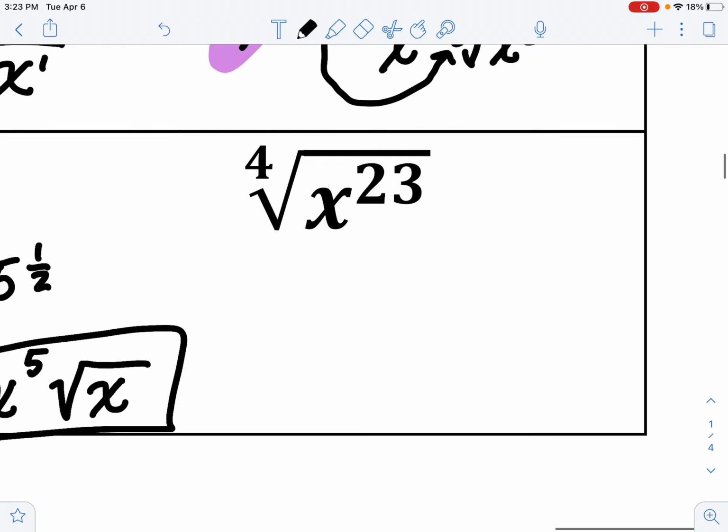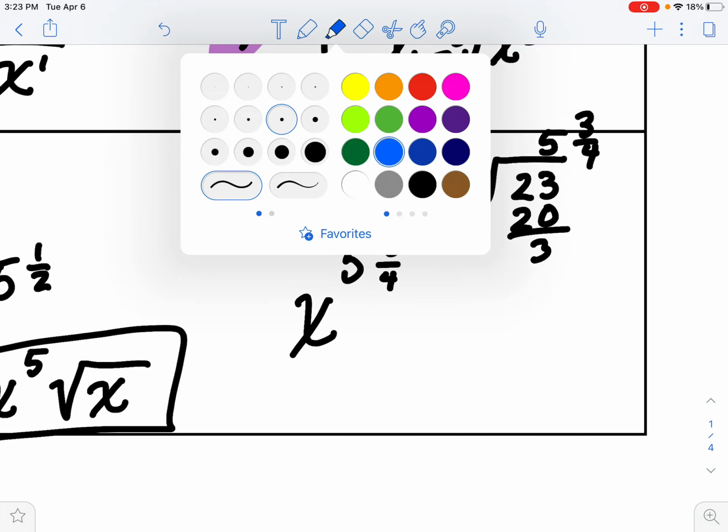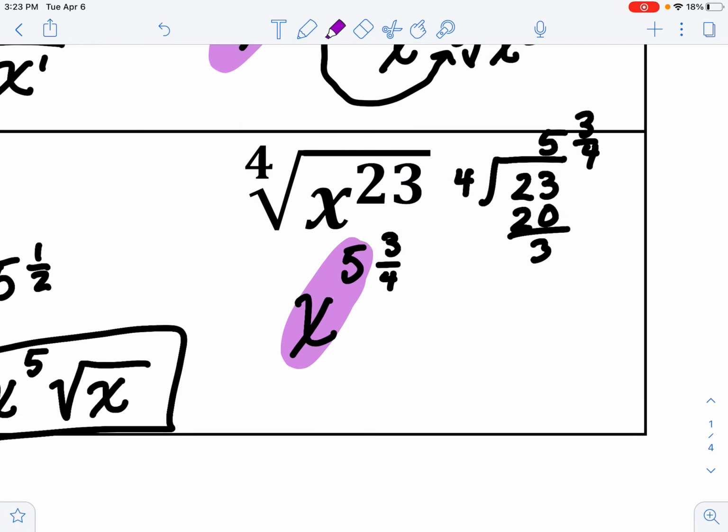Okay, this one we did not do up above, so we'll go ahead and do it. But you probably can do it in your head since it's only one more than the last one. But anyway, so this is 5 with 3 left over. So this is 5 3/4. So this would be x to the 5 3/4. So this part is our whole number part. So that's out of the radical, x to the 5th.